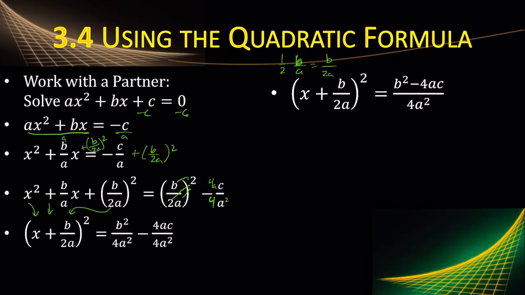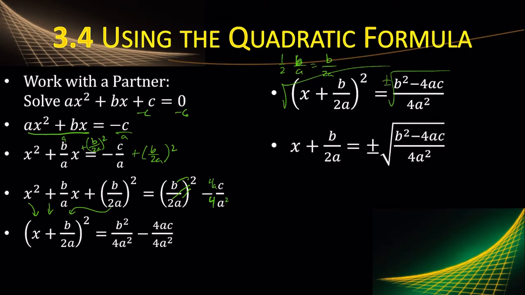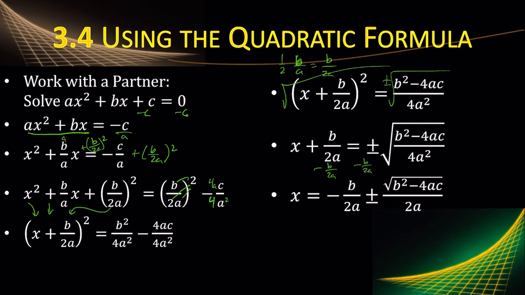Then I could square root both sides. When I do so, I have to remember the plus and minus. And then I'll subtract the b over 2a. Inside of the square root, it's the square root of the top and the square root of the bottom.